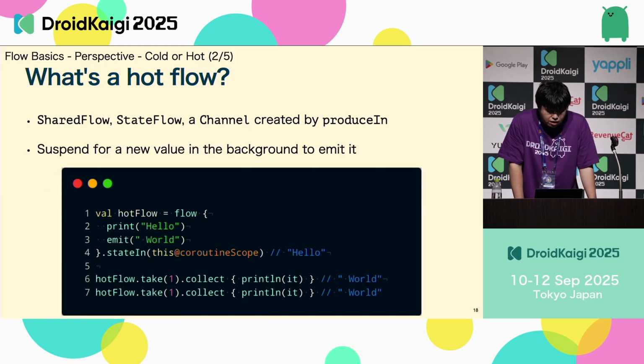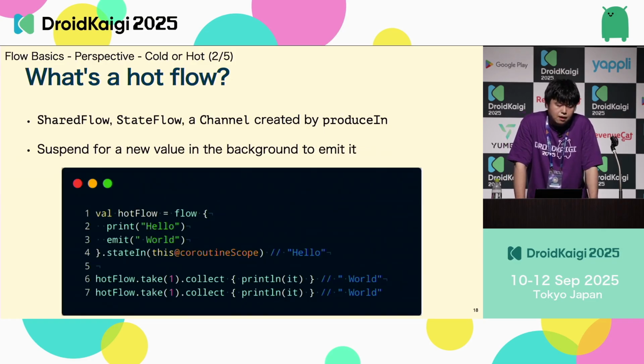On the other hand, how about the hot flow? For example, SharedFlow, StateFlow, and channels created by the produce operator are hot flows.